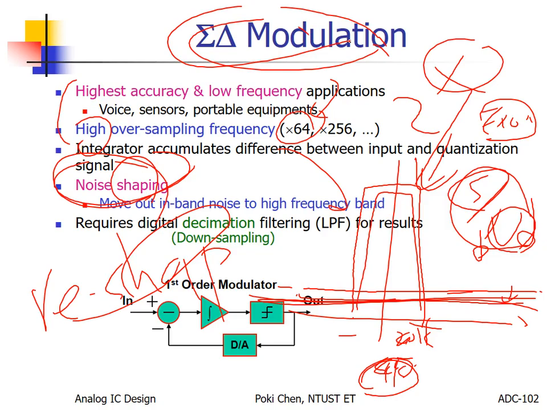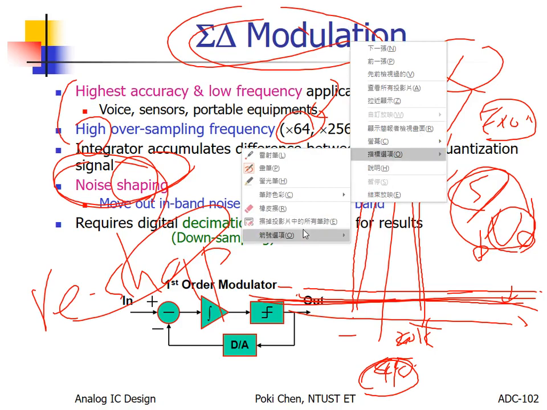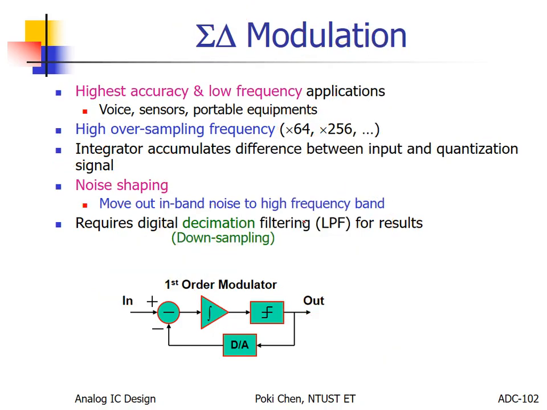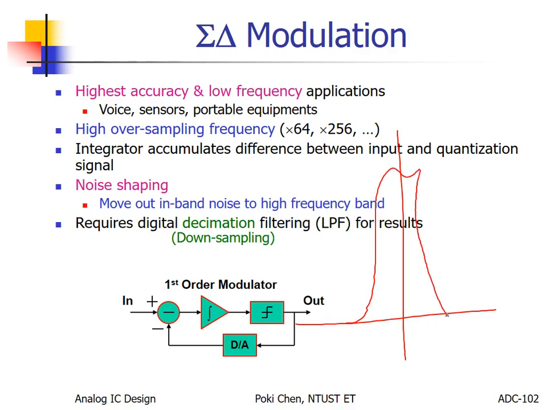So if I replot this one for you, this is the signal band. That is the original noise band. We try to not lower down overall noise energy, no, but we try to make it look like that. This is again positive and negative spectrum.